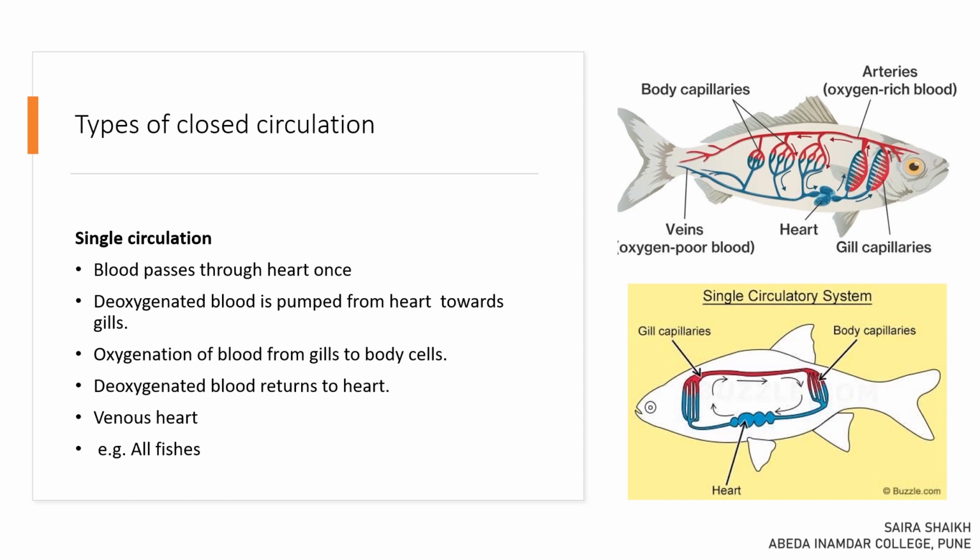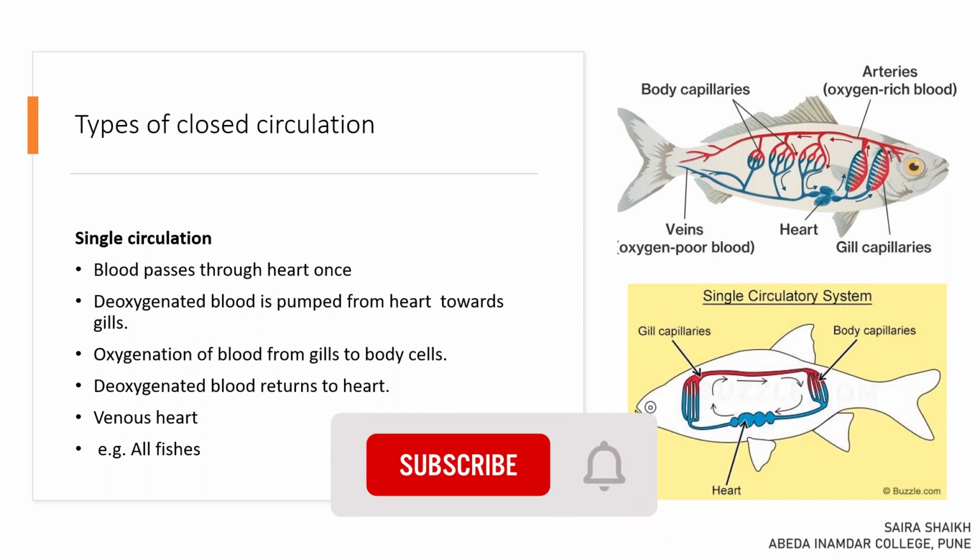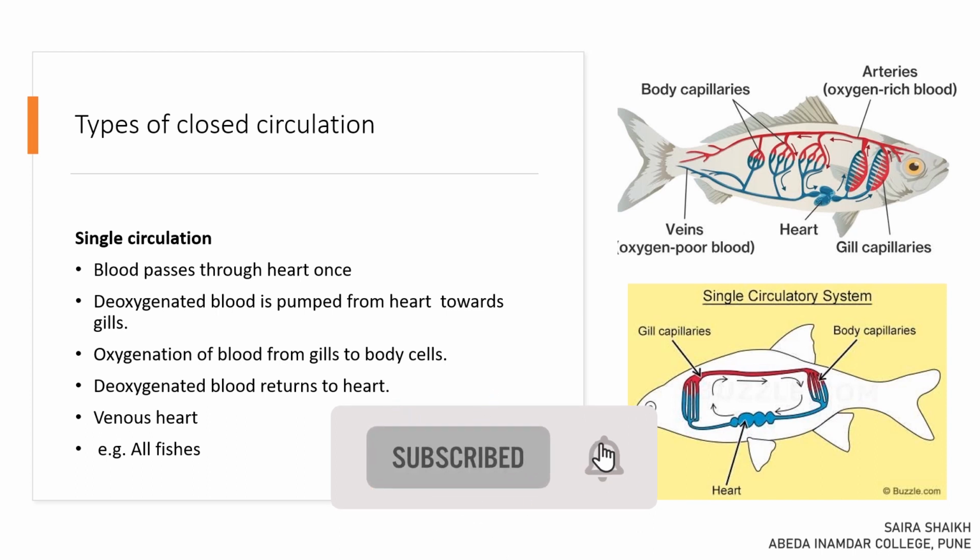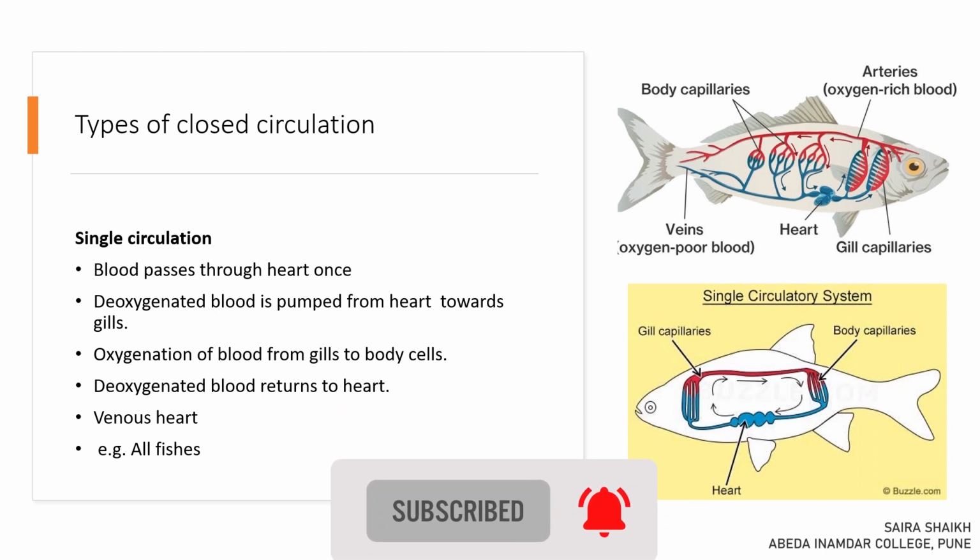The blood pumped from the heart is deoxygenated, and moves towards the gills for oxygenation. We know the gills are the respiratory organs in fishes, where oxygenation of blood takes place. After oxygenation, the blood moves towards the cells.